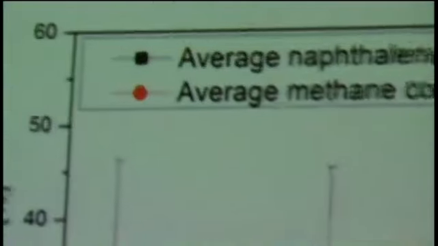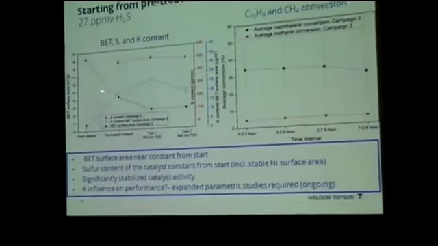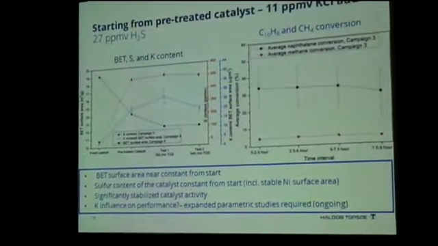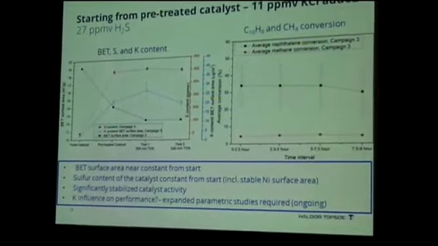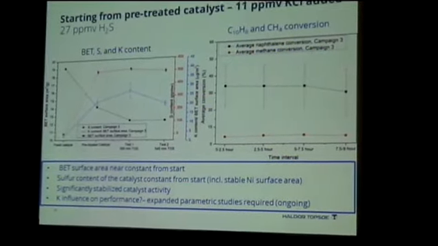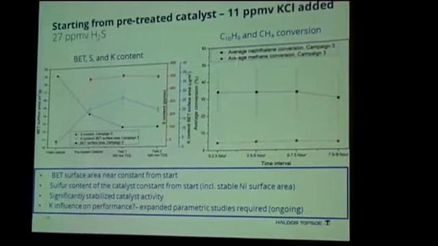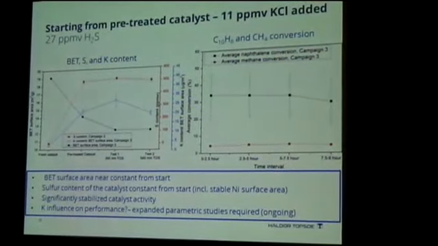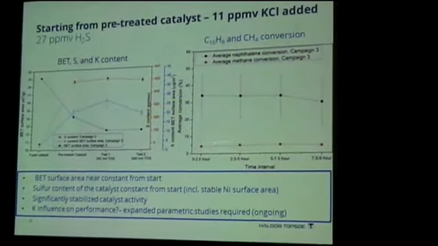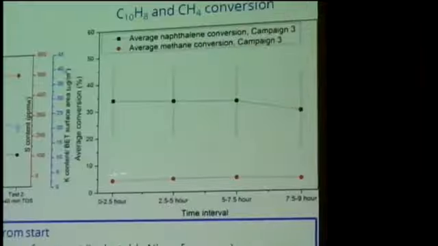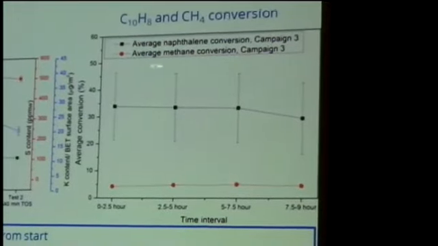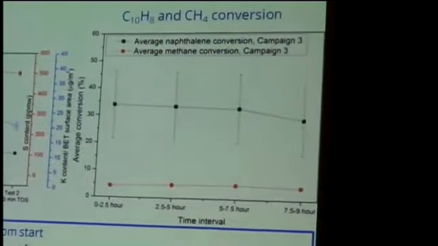Irrespective of that, if you operate further on, at about 540 minutes, you see that we have started to stabilize the potassium level on our catalyst. And the effect on the naphthalene and methane conversion is very small, if any, and there is a large uncertainty for these particular measurements of naphthalene conversion as well.